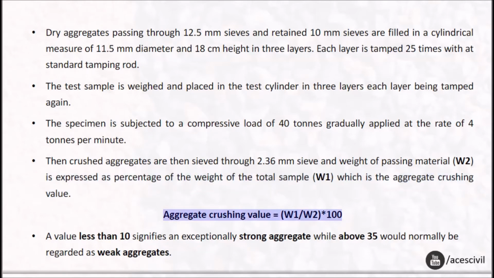Aggregate crushing value = W2/W1 * 100. A value less than 10 signifies an exceptionally strong aggregate, while above 35 would normally be regarded as weak aggregates.